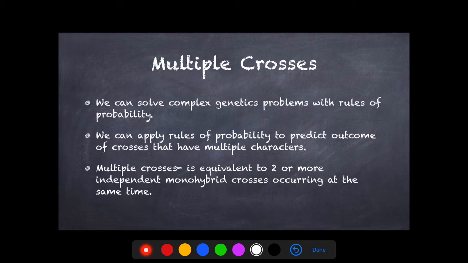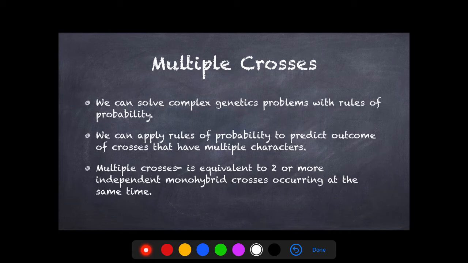Okay, so now let's move on to multiple crosses. The thing with multiple crosses is that we can solve really complex genetic problems with the rules of probability that we just talked about. So we can apply the rules of probability to predict the outcomes of the crosses that have multiple characters, right? So in the one that we just did an example of, we used big R, little r, which could mean round, right?